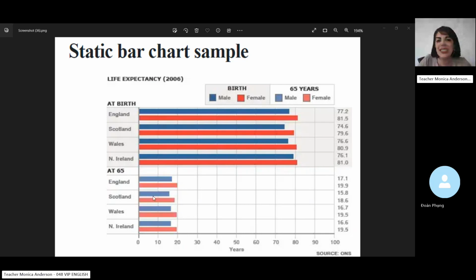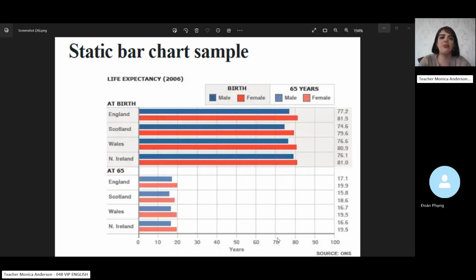Ireland is generally similar, something like that, and Scotland the lowest, with the figure 15.8 of life expected after 65.